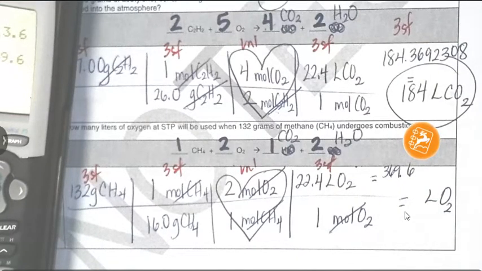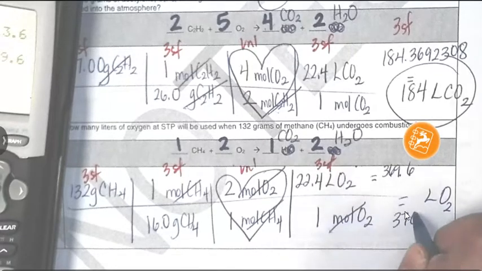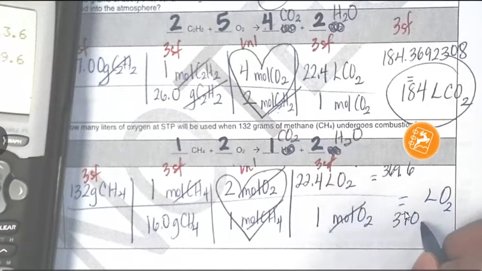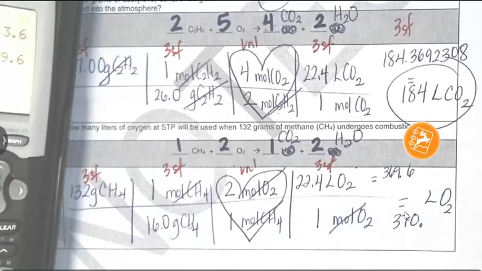And how many sig figs should we have? 3. So what's our answer? 370 decimal, or 3.70 times 10 to the second liters of O2.